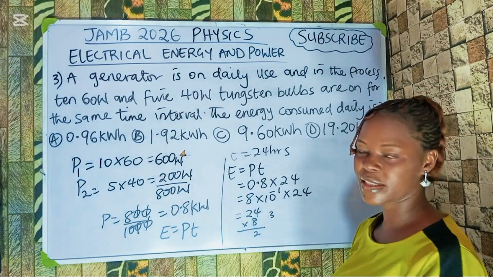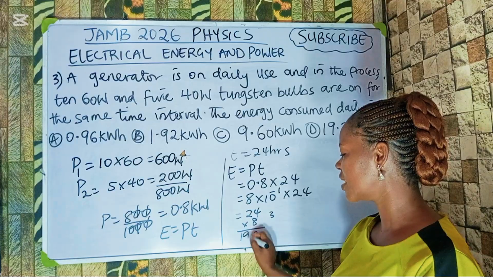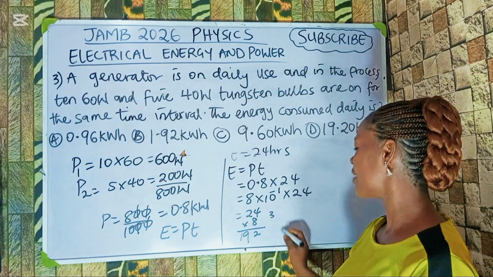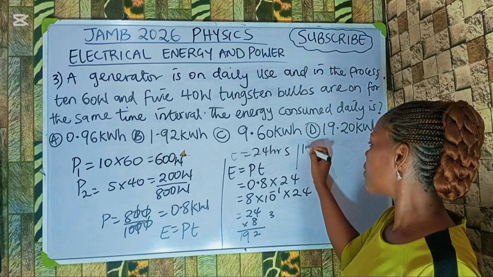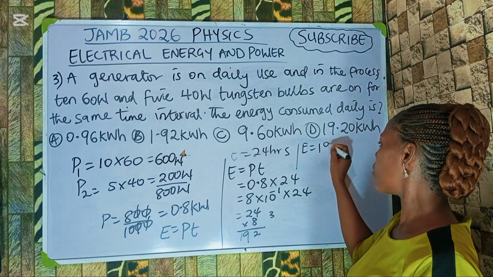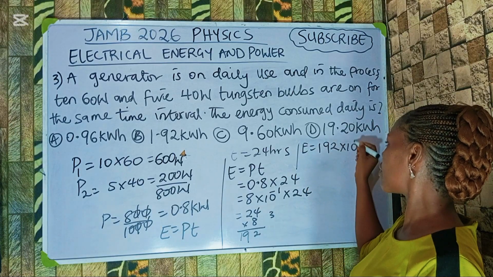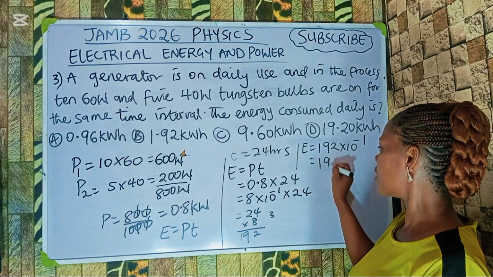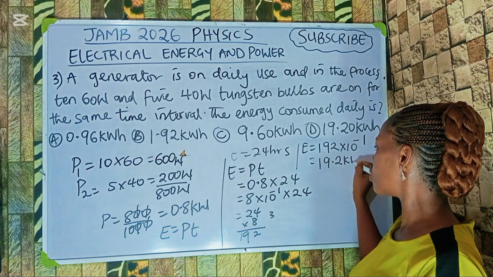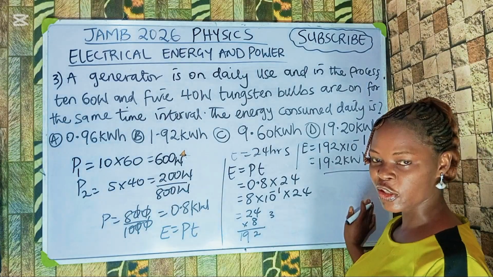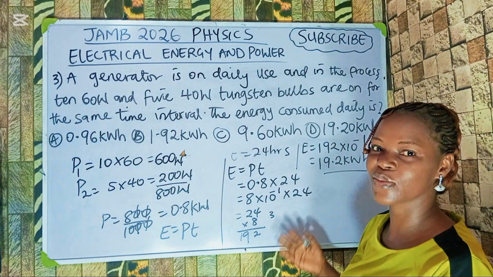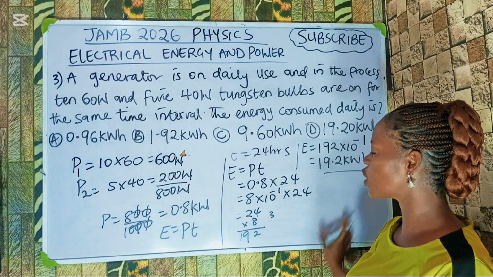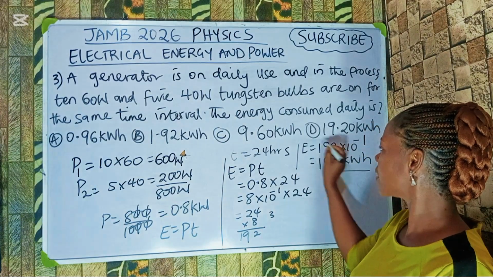This is going to give me 16 plus 3. I'm going to have what? 19. So this is 192 kilowatt hour. So energy is equal to 192 times 10 to the power of what? Minus 1, okay? Which is the same thing as saying 19.2 kilowatt hour. You see what I just did? So this is a way you can actually do these things without using a calculator. All right, so from what we've gotten so far, the correct option to this question is option D.